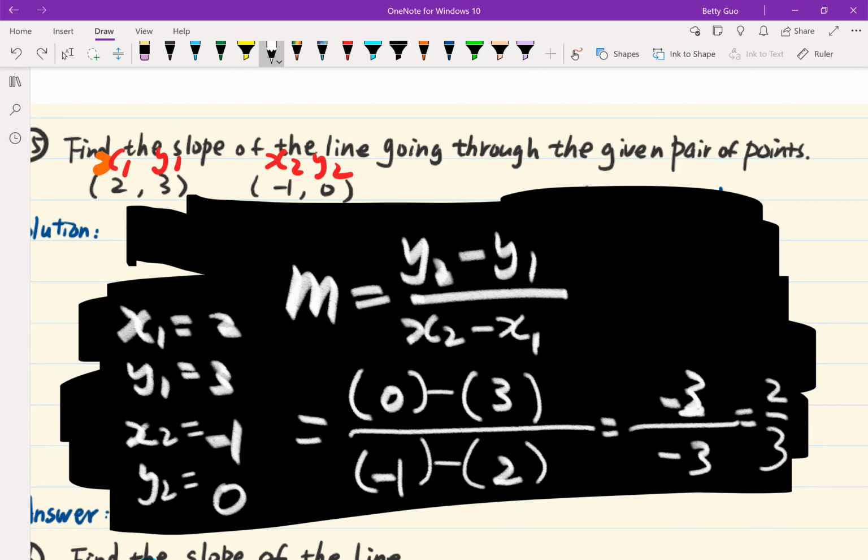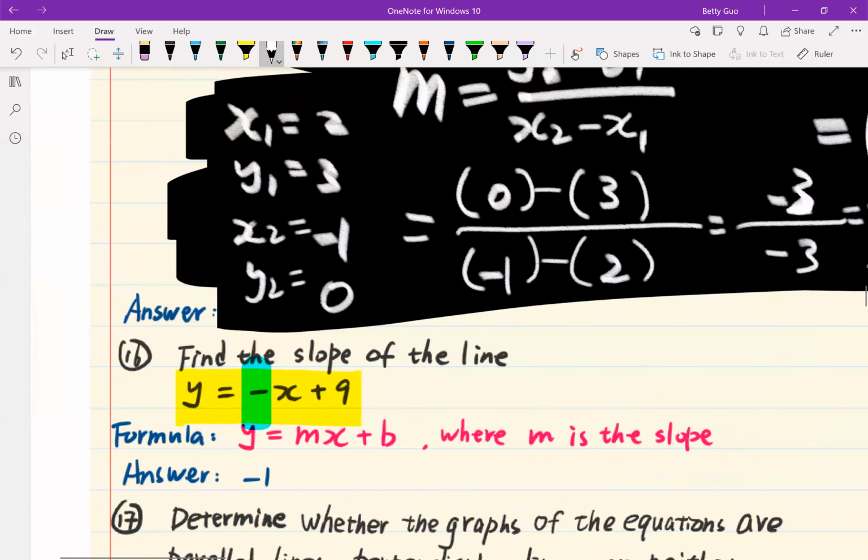How did I write -2? So 3 over 3 is 1, right? The slope is 1. Sorry about that. The numerator is -3, so if the numerator and the denominator are identical, the quotient is 1. All right? Okay.